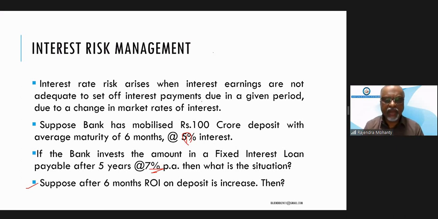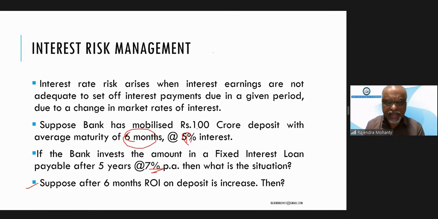So here, this will be placed in a repricing date. That is, we know that after 6 months, this deposit is going to be repriced. The rate of interest might change. So that is called the repricing date, when the interest rate is due for change.